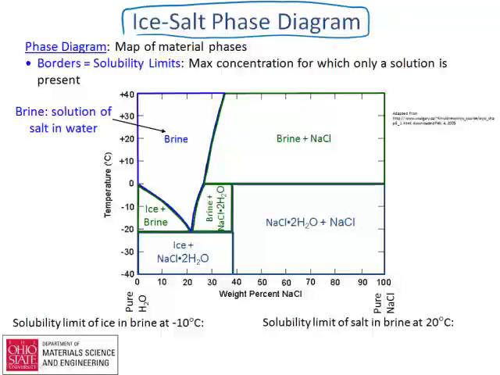So again, the horizontal axis is composition, going from pure water over here to sodium chloride over here, and then we've got temperature going this way. For those of you that are chemistry teachers, you've probably seen pressure-temperature phase diagrams. We can do this for single component systems, but this is the same concept, just a little bit different.